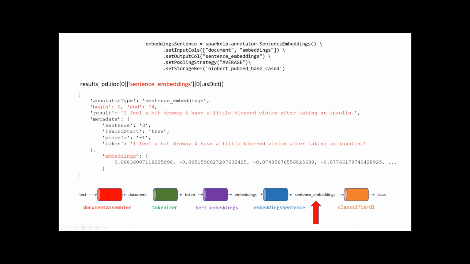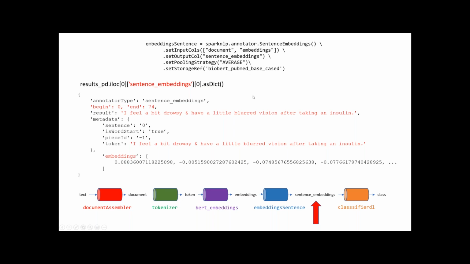So somehow we need to represent any sentence with the same number of float numbers. This is what the sentence embeddings component is doing in Spark NLP. It will take the document and the token embeddings, and it will do some calculations to represent the whole sentence with a fixed number of float numbers. In this case, we are using the average strategy. You see here the set pooling strategy.